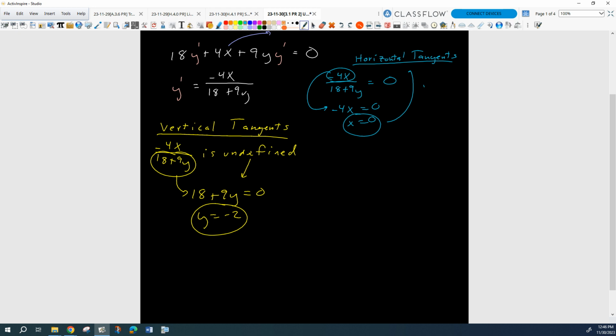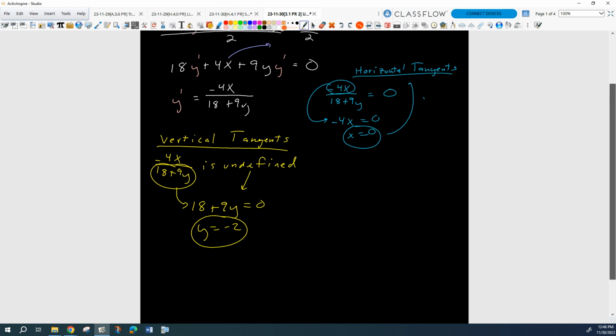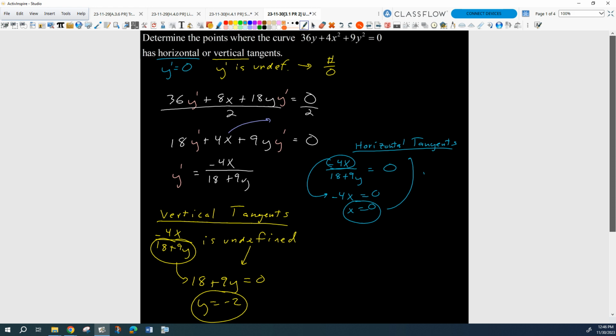We're going to get 36y plus 4 times 0 squared plus 9y squared equals 0.